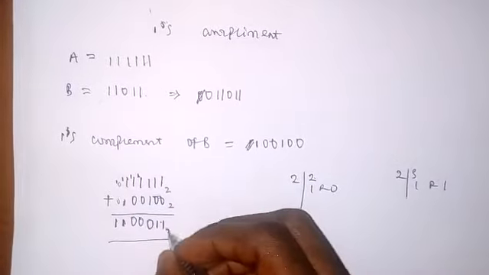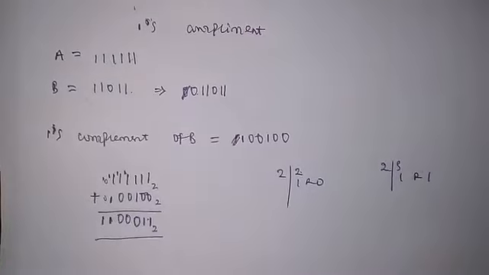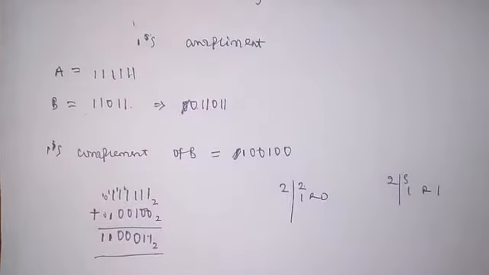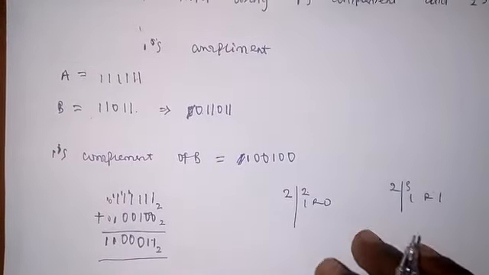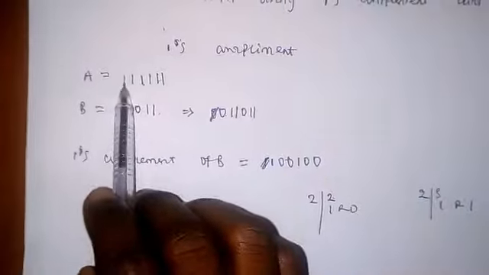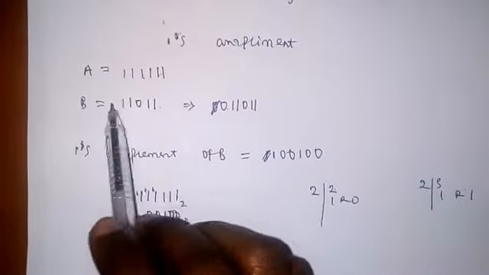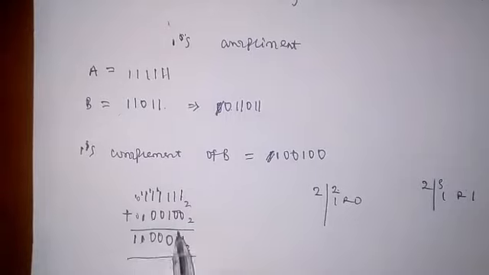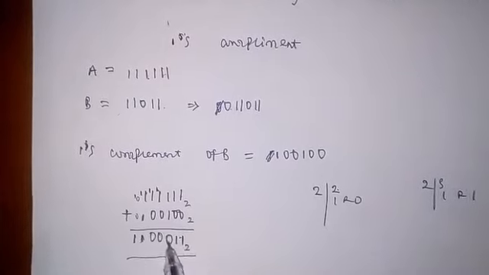Your answer is this from step 3, and remember what I told you concerning the end carry and the extra digits. We have 6 digits here and 6 digits here, and in the final answer we got 7 digits.